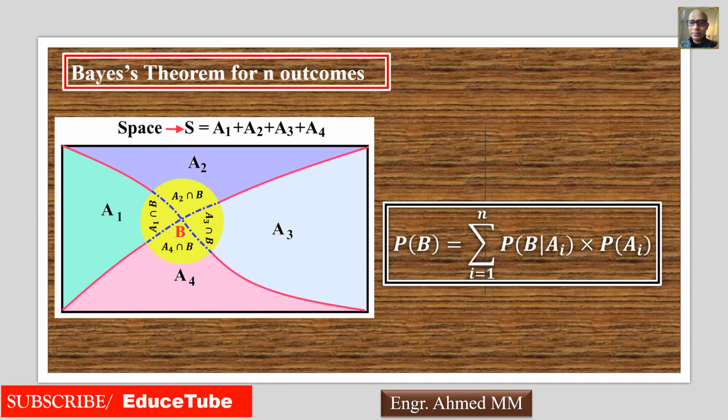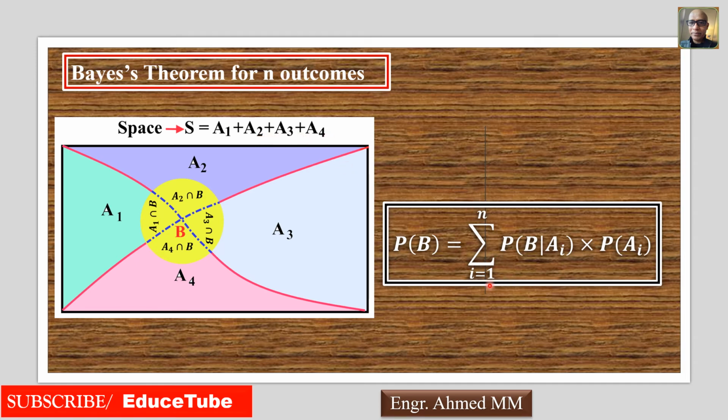So in the previous slide it was A1, A2, A3, A4. In generalized form I wrote I equal to 1 to n, because before it was only 4: A1, A2, A3, A4.